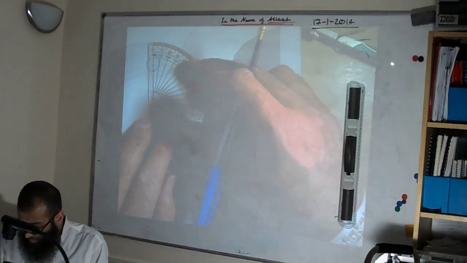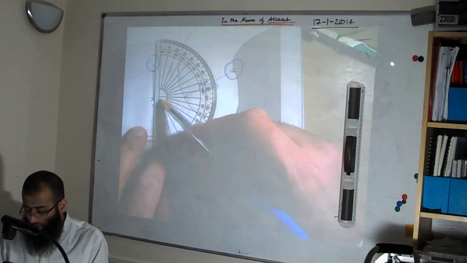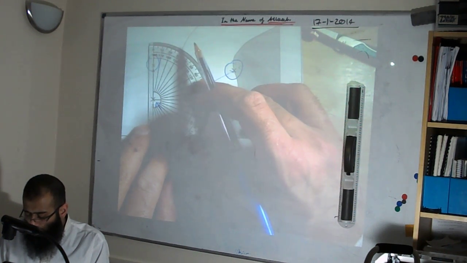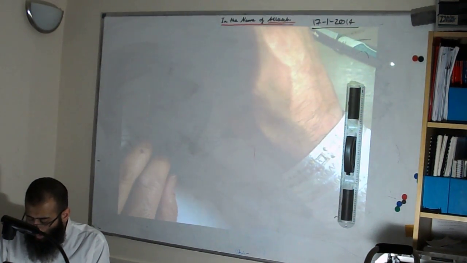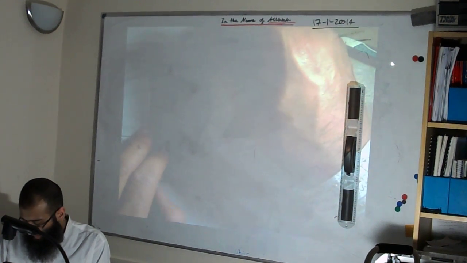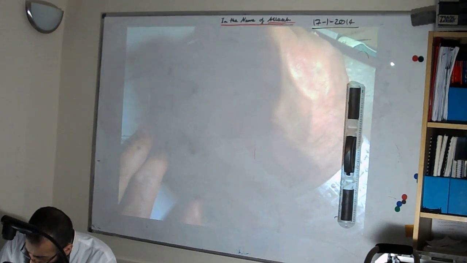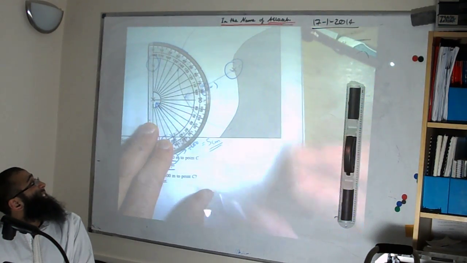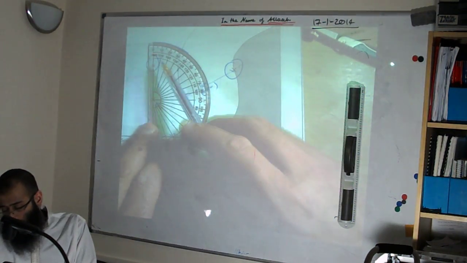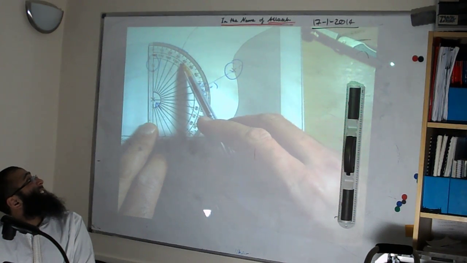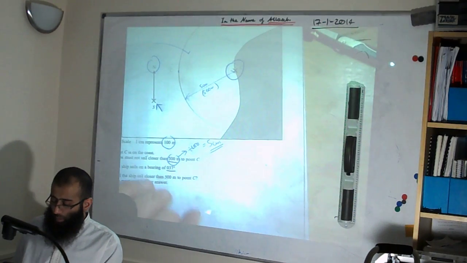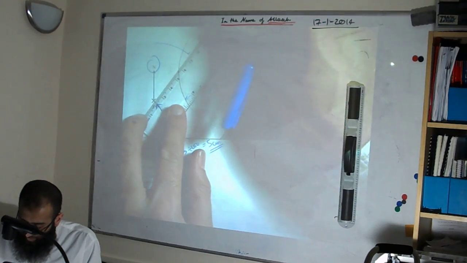Clockwise. So put the cross over here on the X, get the 0 line nicely balanced on the 0, and we're going to come around by, was it 37? Right about here. So 0, 10, 20, 30, 37 over here. So my 37 is approximately here. What I'm going to do now is draw a line along the 37.